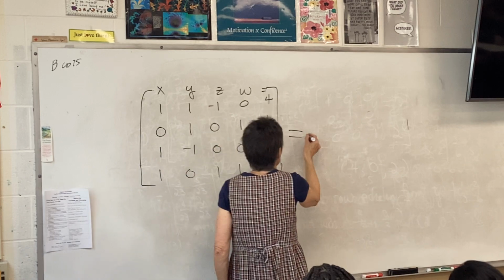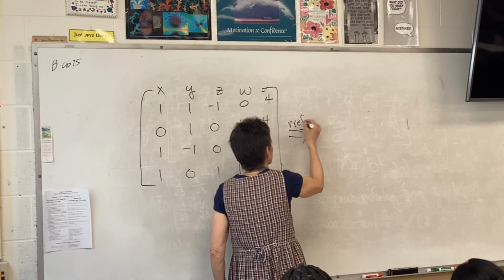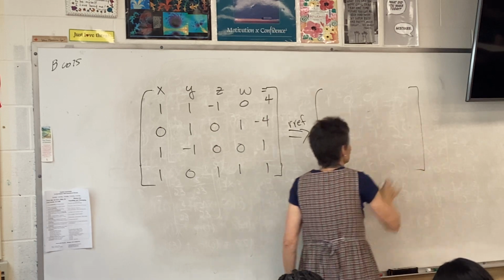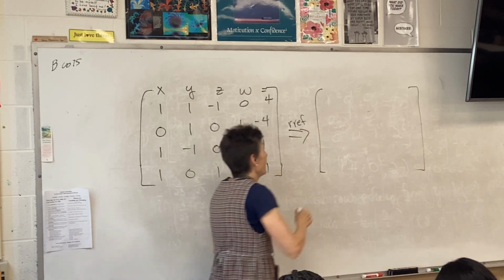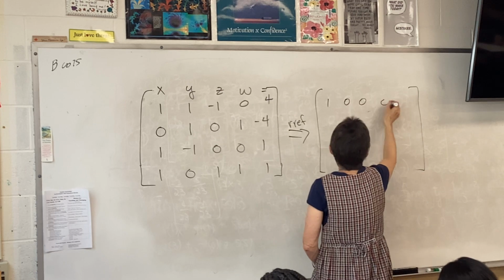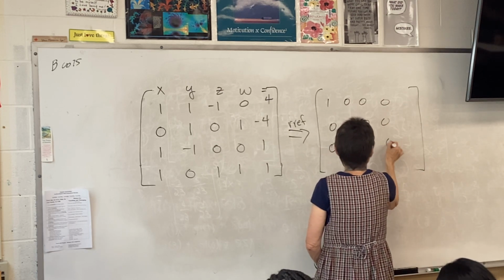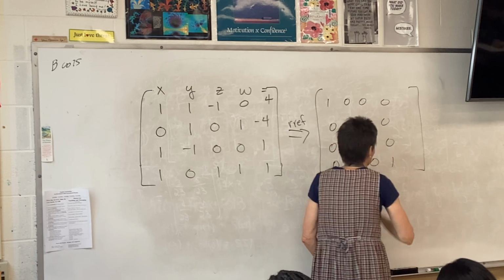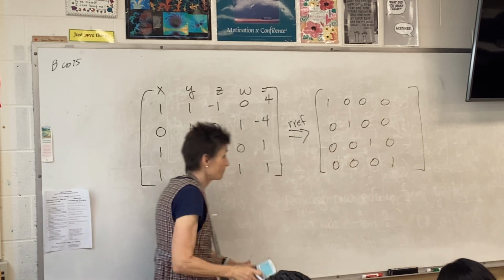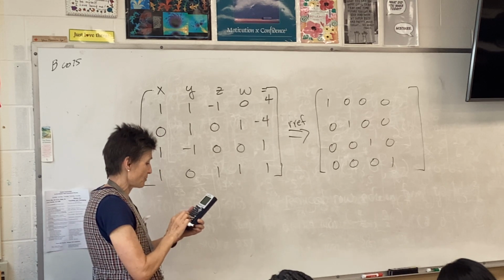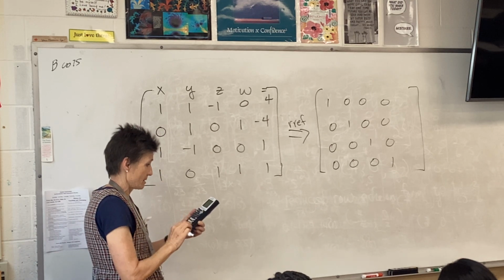So now you're going to put that matrix into your calculator. You're going to RREF it. And you're going to come out with a new matrix that's going to give you your answer. How big is this one? 4 by 5. Yep, second matrix, edit, 4 by 5.